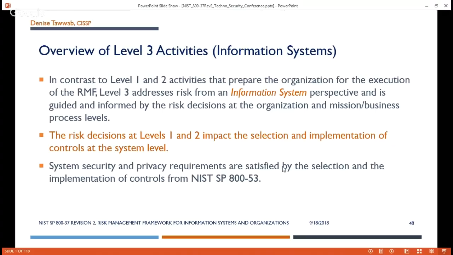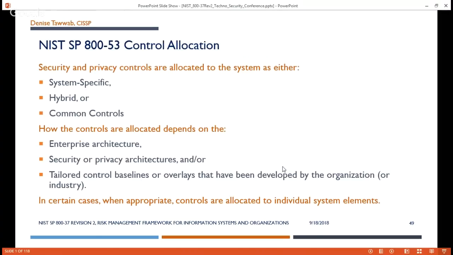System security and privacy requirements are satisfied by selecting and implementing controls from the NIST 853 catalog. This is special publication 853 control allocation. Security and privacy controls are allocated to the system as either system specific, hybrid, or common controls.